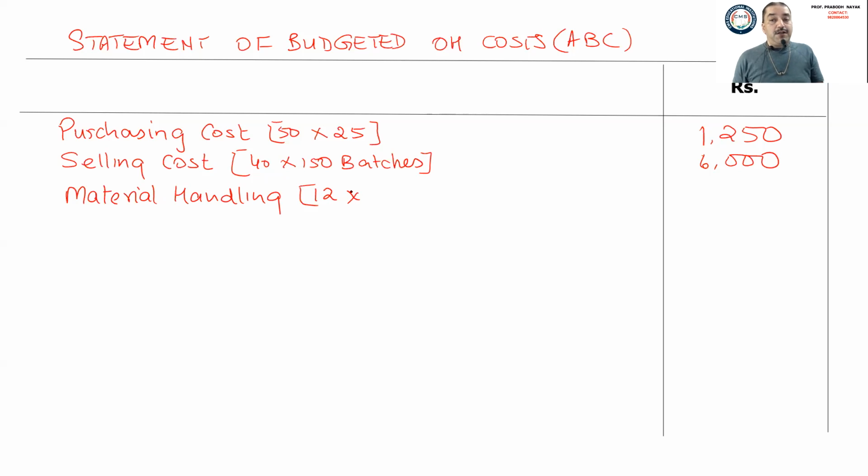But movement per batch is given as 6. And how many batches are there? 150 batches. So 12 into 150 into 6. 10,800.